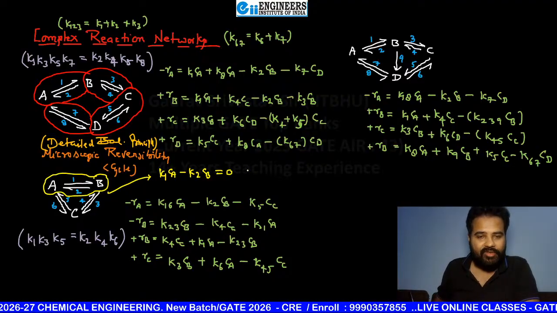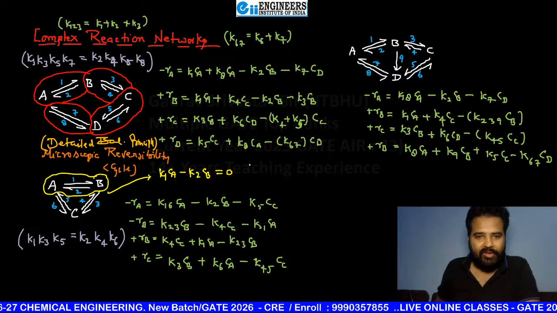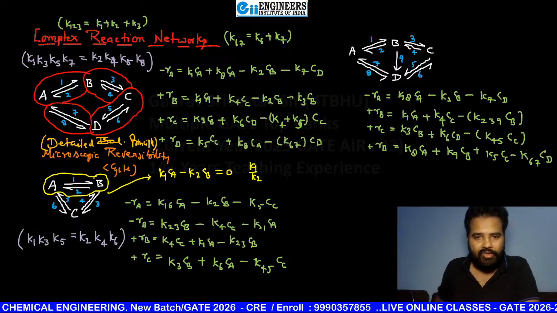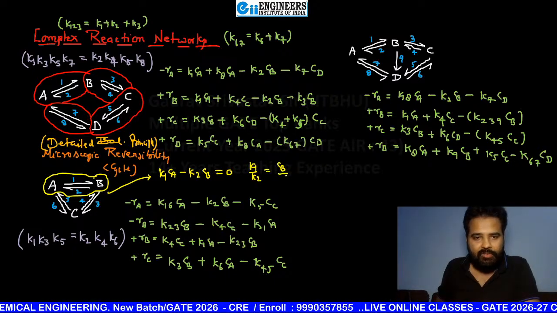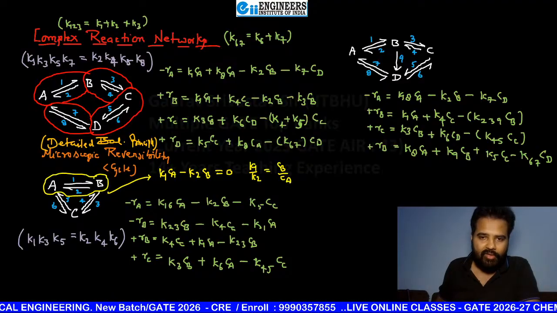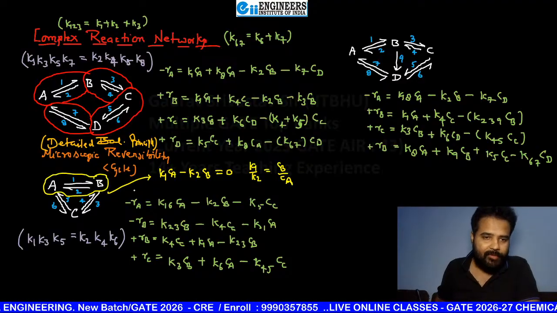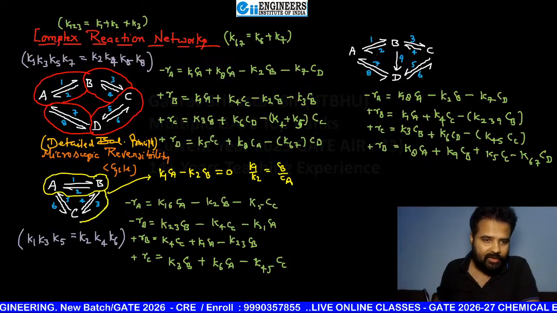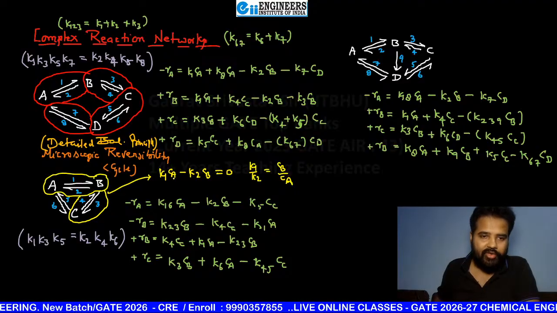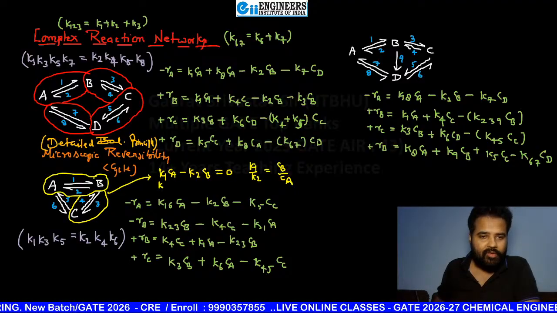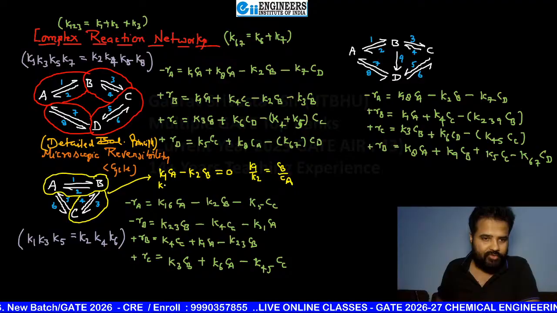Similarly, my dear students, from this one I can get K1 by K2 equals CB by CA. Similarly, I can write for this path also. These are short tricks, beta, that you can also use individually.